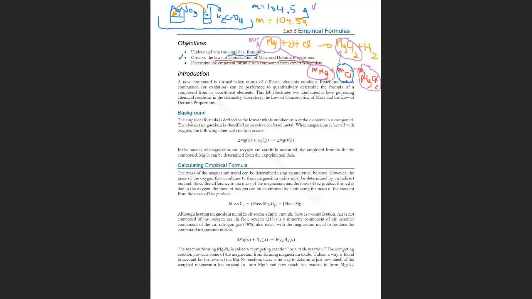And it says that also we are going to verify the law of definite proportion. What is that law? That law is very simple. It says that the name of a compound is always associated with a specific ratio of elements in that compound. In simple words, what does this law mean? It means that if I have water, let's say I have this molecule, H2O.